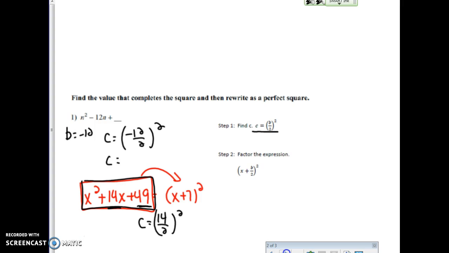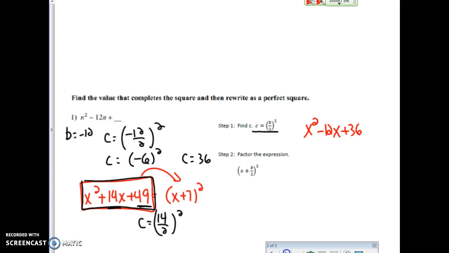So negative 6 squared is 36. C equals 36. Right now, I have the expression x squared minus 12x plus 36.